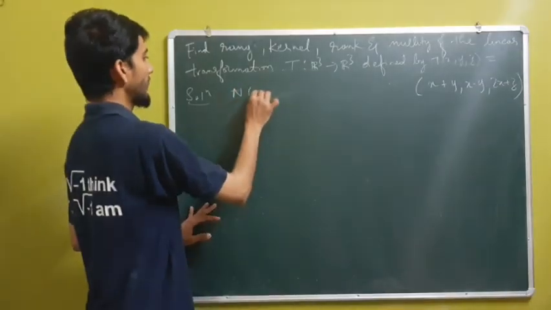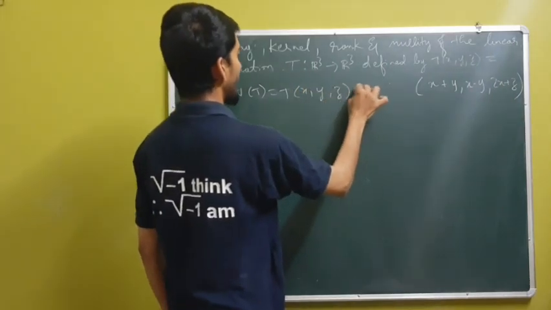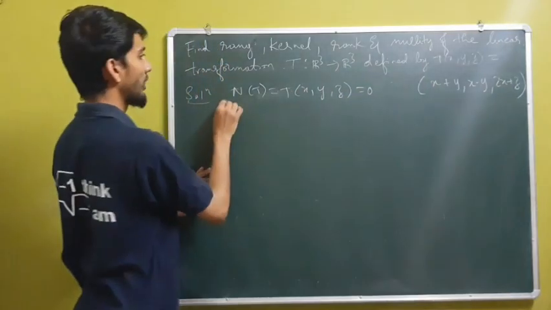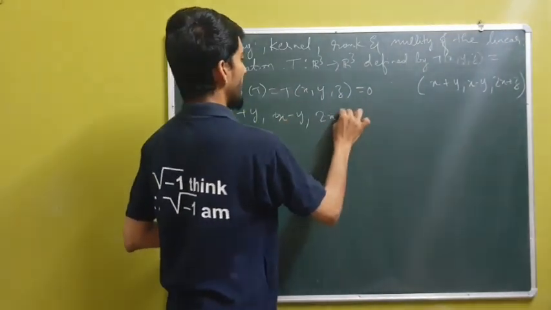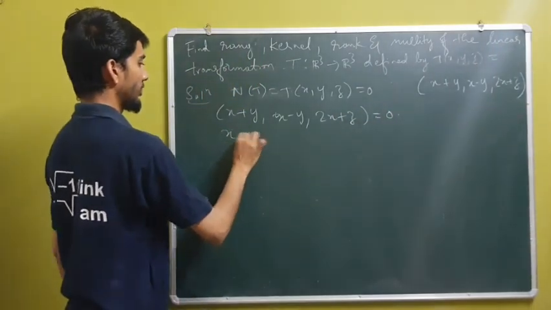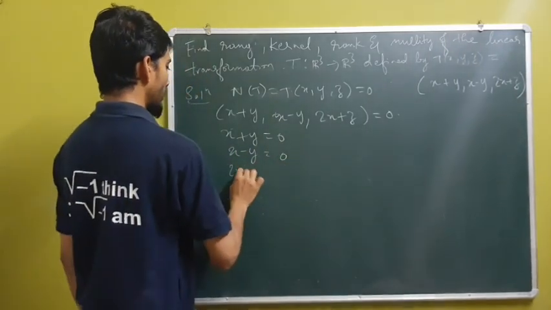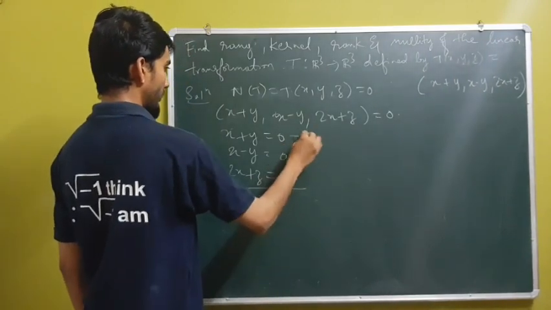Now nullity, which is the dimension of N(T): we set T of (x, y, z) equal to 0, which is (x plus y, x minus y, 2x plus z) equal to 0, and we arrive at 3 linear equations: x plus y equal to 0, x minus y equal to 0, 2x plus z equal to 0.